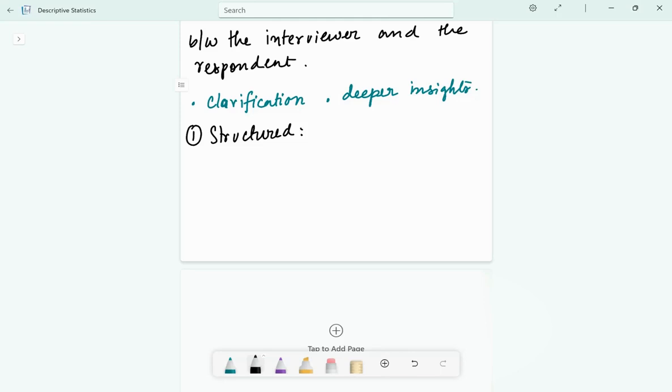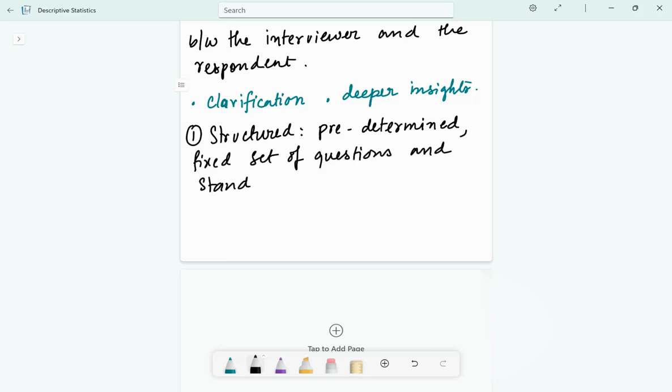What is structured? It will be a predetermined, fixed set of questions and standardized. Because we are talking about the interview method right now, it will be predetermined, like the fixed set of questions, which will also be standardized for everybody, right?